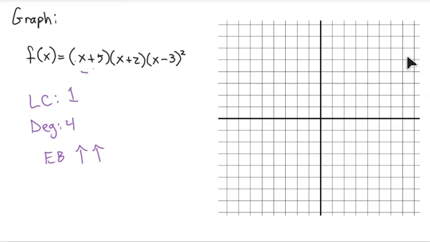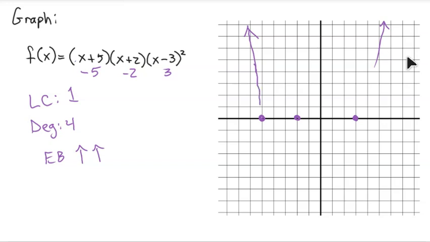Our roots are going to be negative 5 here, negative 2 here, and positive 3 here. Okay, and so let's plot those. We've got negative 2 right here, negative 5 right here, and positive 3 right here. We know that we're going to be up on the left, and also up on the right. Now if we take this graph and go towards negative 5, we can see that the multiplicity is 1.